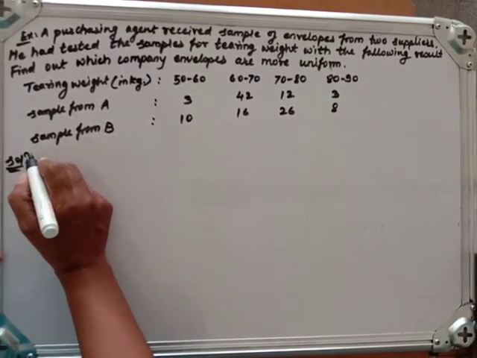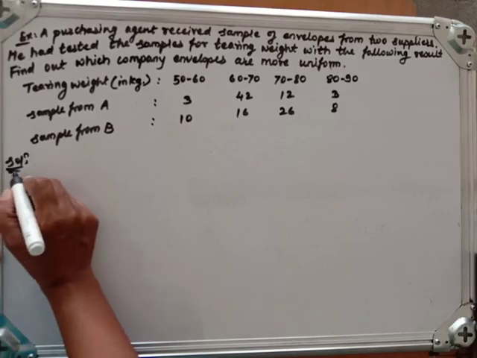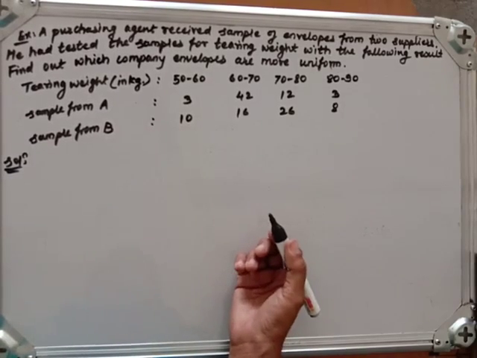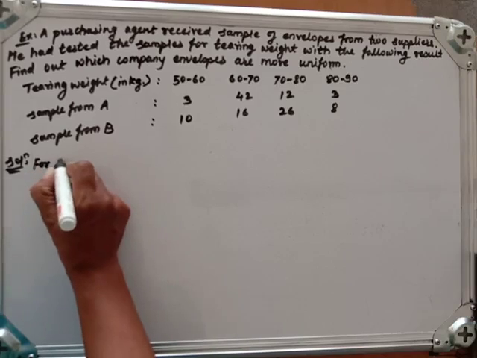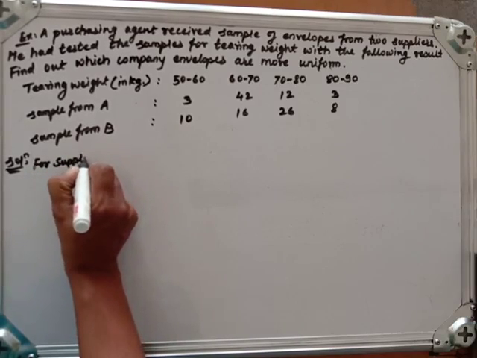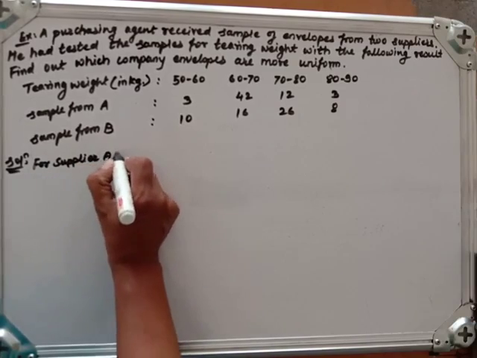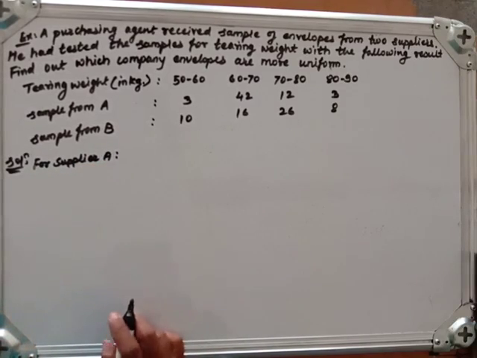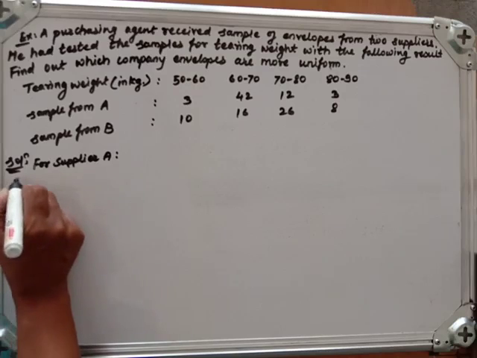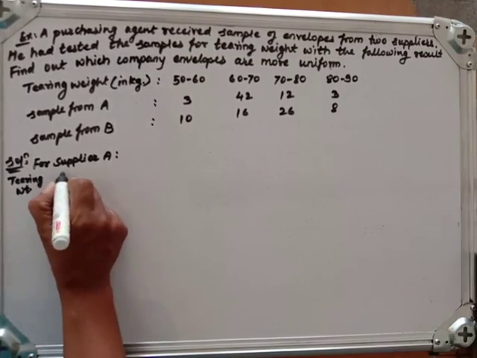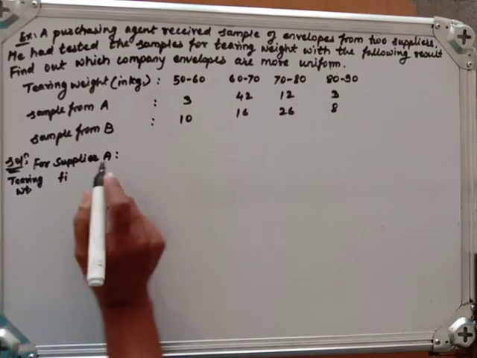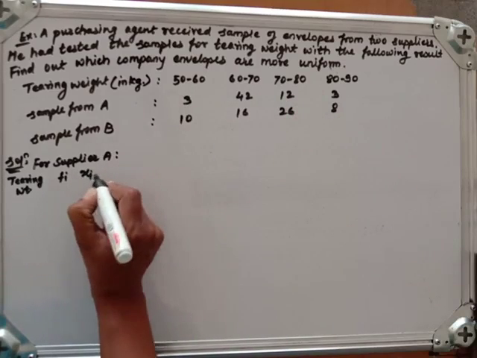For supplier A and supplier B we need to do separate calculations here. So for supplier A, let us prepare a table. Tearing weight, given is fi, and xi we will determine.